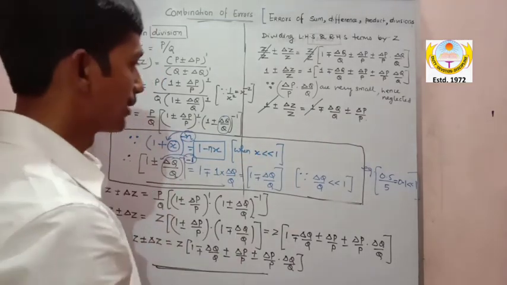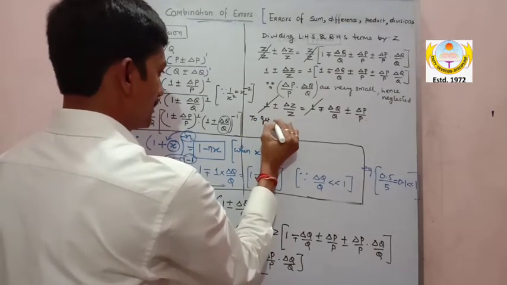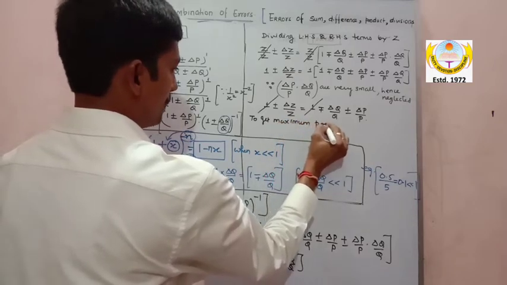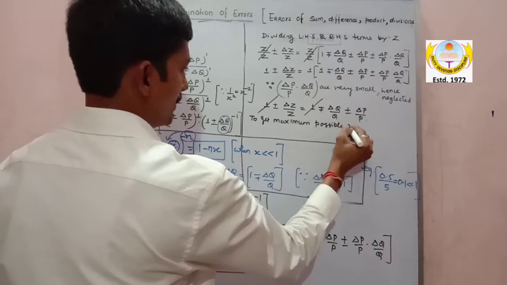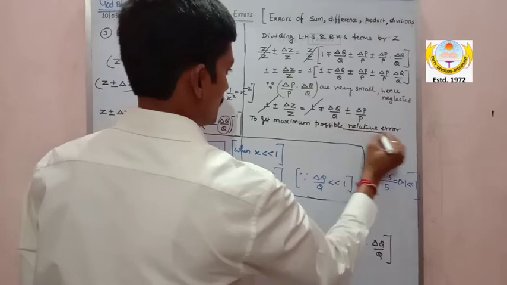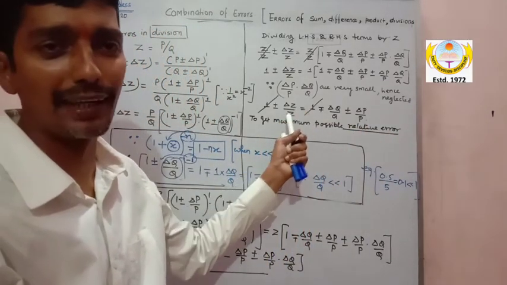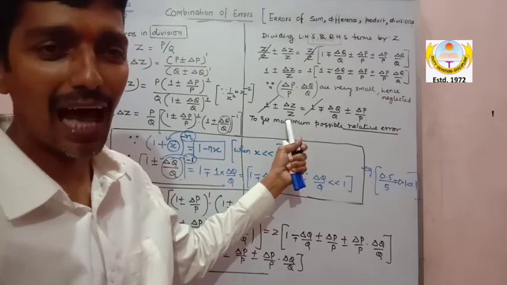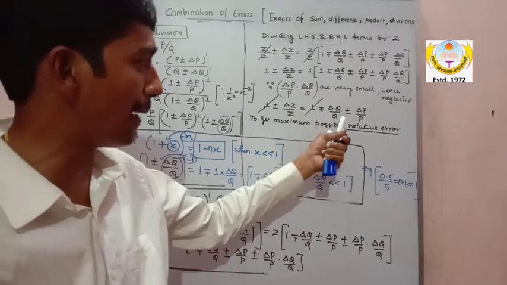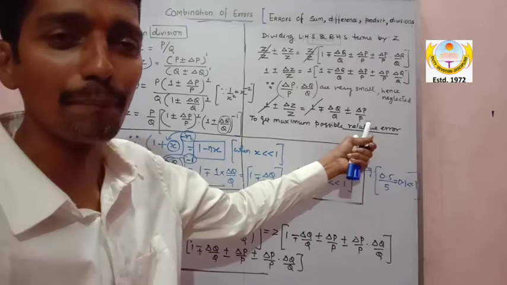See, here, my dear, to get the maximum possible relative error, how did I come to know it is relative error? Sir, it is absolute error divided by true value. Absolute error divided by true value I am getting on the left side, the right hand side first term is absolute error divided by true value, and the second term too.